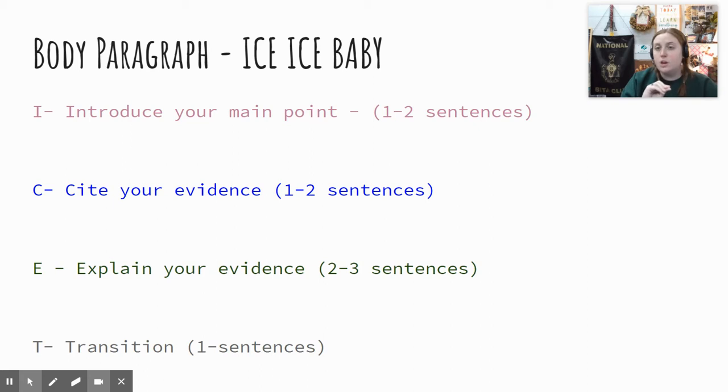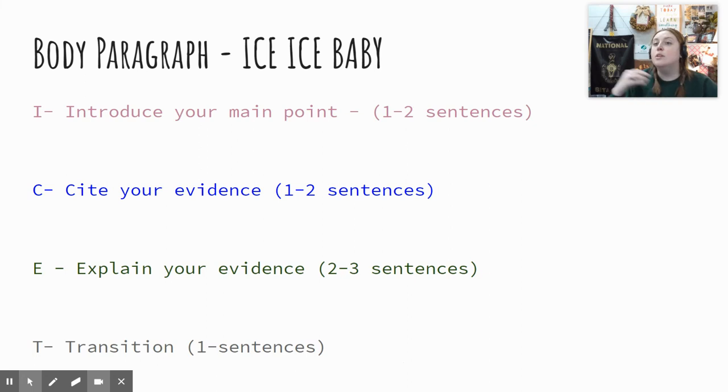So if I'm transitioning from key events to talking about the characters, I could say the characters during the events are just as important as the event itself. That is a perfect way to transition to talking about the characters. If I'm transitioning from characters to setting, I could say something like, the characters have to show constant bravery when they're interacting with the creepy Radley house.